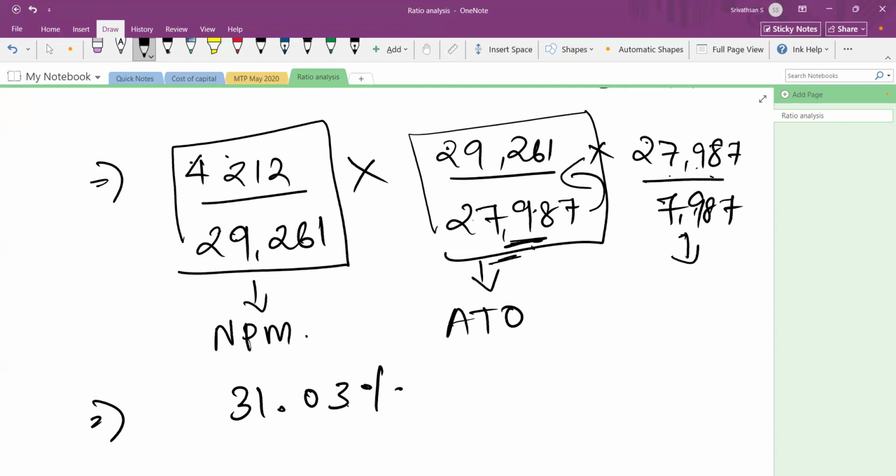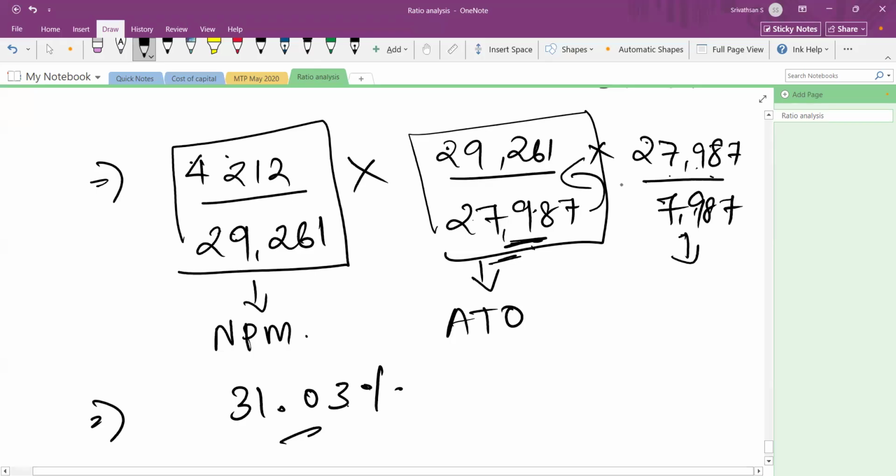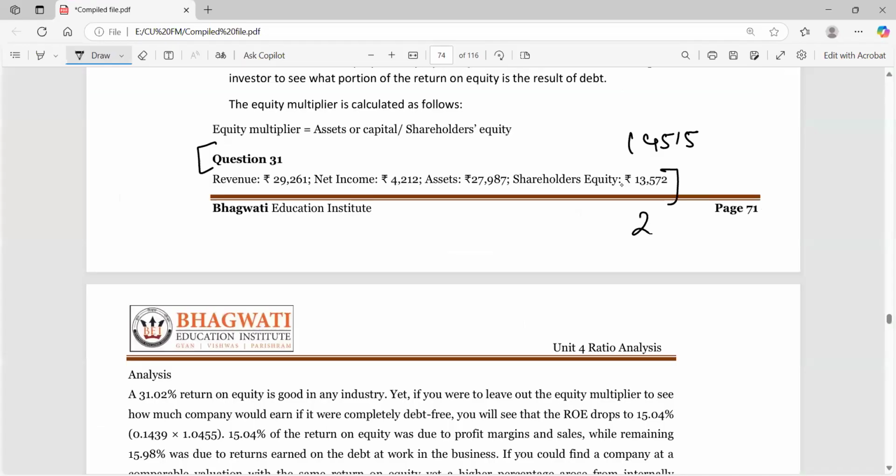Listen, if you're not listening, I'm losing that flow, I'm losing that grip, then you will not understand. If the company is using more and more debt, they can magnify their return on equity or not, right? So here, currently they are using only 14,515 debt, where return on equity is only 31.03. But when debt is increased to 20,000, return on equity is increasing to 52.75, right?